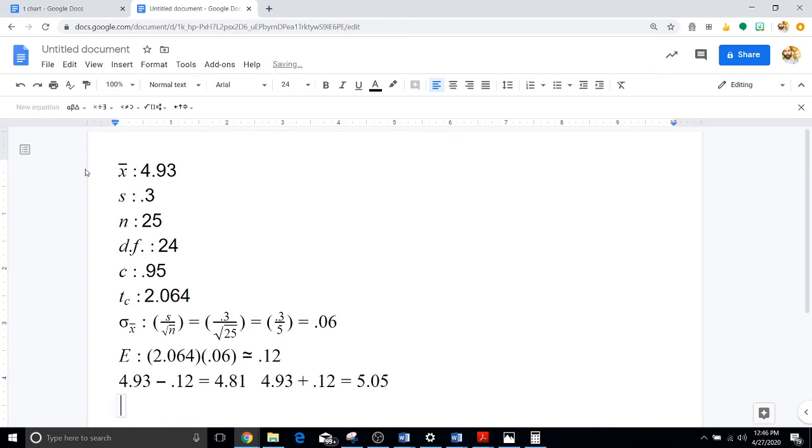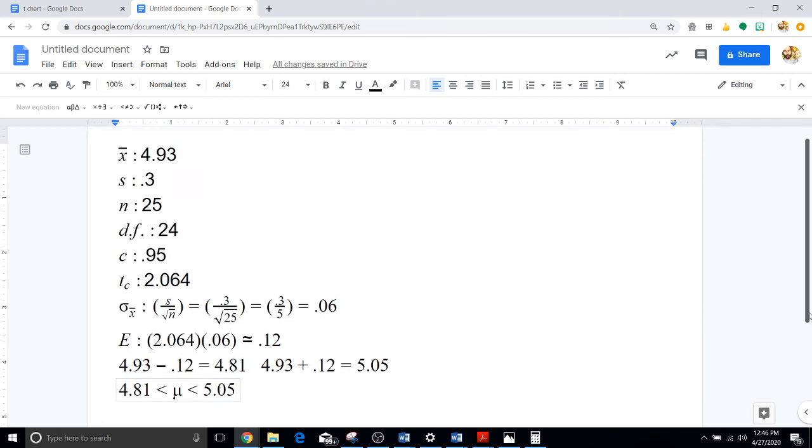All right, let's write this out mathematically. Mathematically, it is going to be our lower value, 4.81, is less than our mu. Where'd you go, mu? There you are. Which is less than our higher value, 5.05. And this says that our average will be in between 4.81 and 5.05.